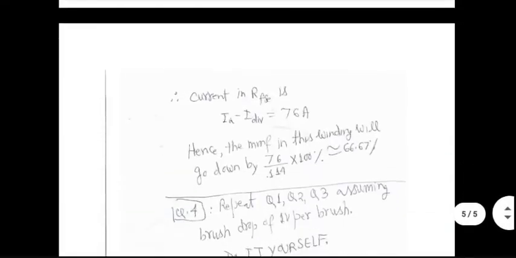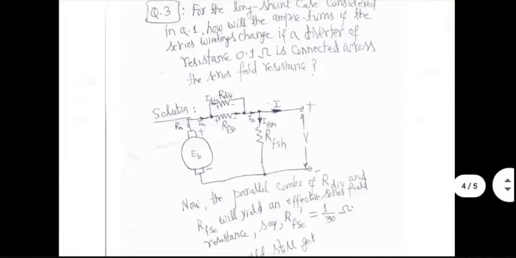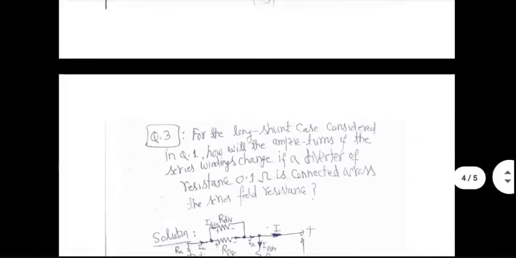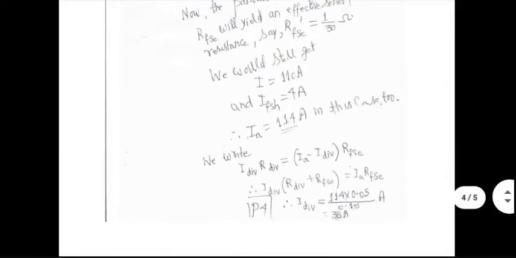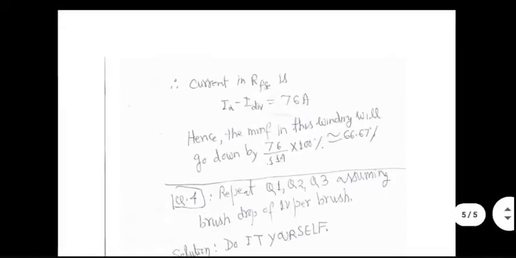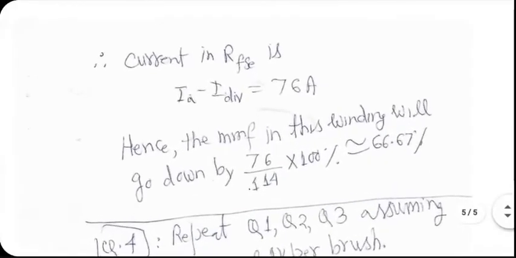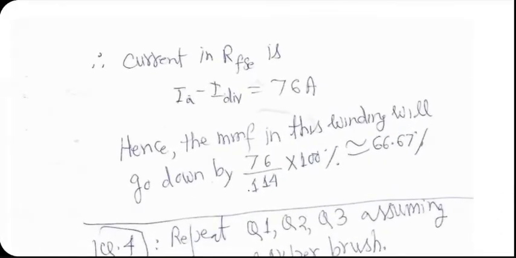As a result, the ampere turns will go down by a factor of 76 divided by 114, which in percentage is about 66.67%. So the answer is that the ampere turns in the series part of the field winding will go down by about 66.67%. That means current will go down by that factor.